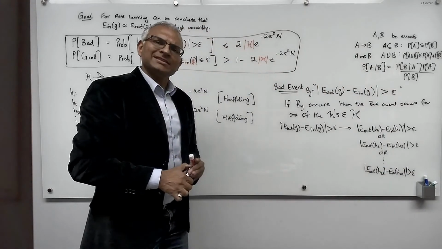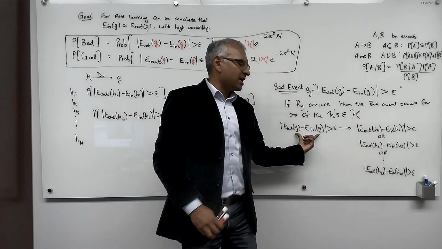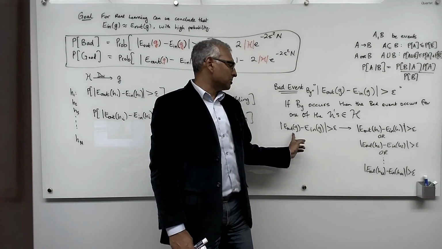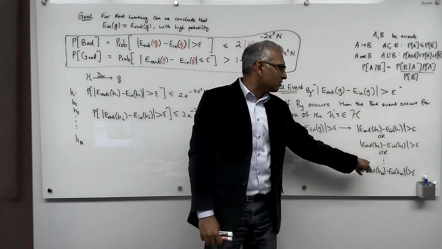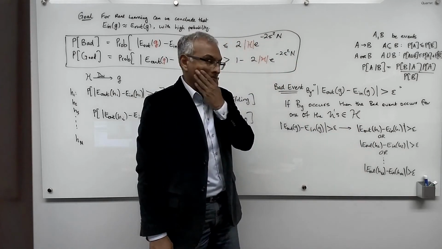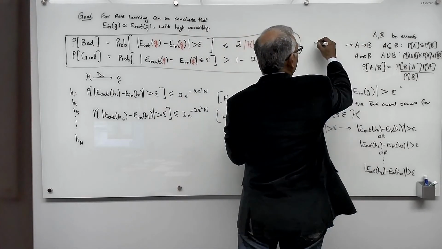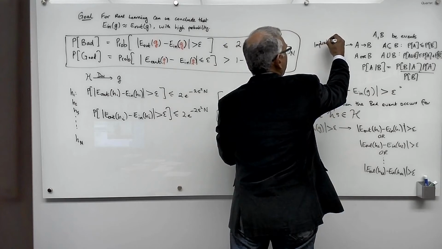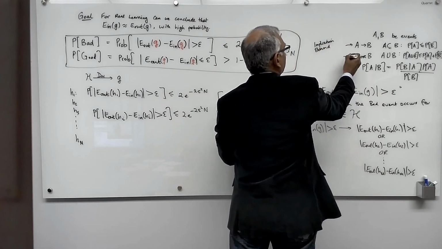And why is that? For the simple reason that g is one of those. So if g is bad, in other words its out of sample error deviates a lot from its in sample error, then one of those must be bad. So this implies that. This is called the implication bound. This is called, by the way, the union bound.